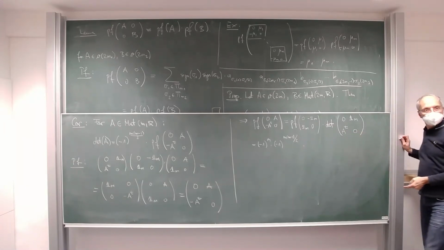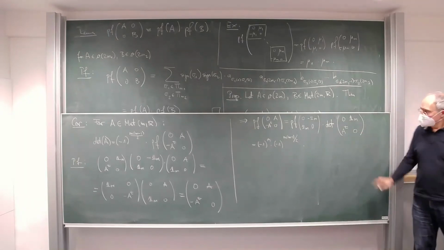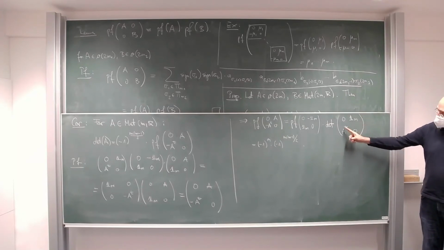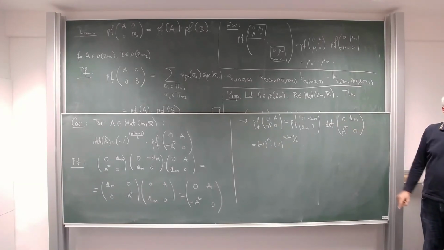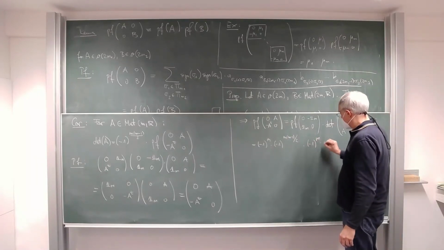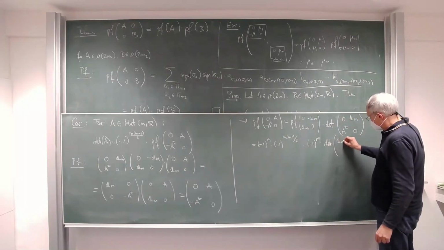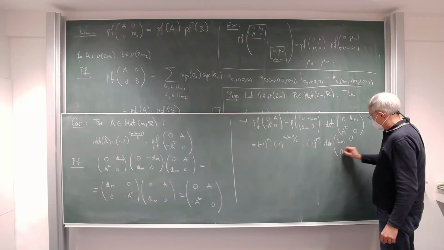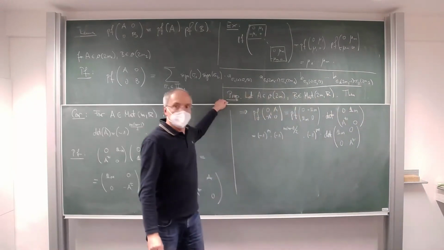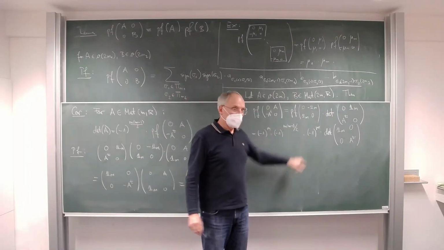So this requires interchanging m columns. The last one of this one is interchanged with the last one of that one, and similarly for the other ones. So this gives me a sign of minus 1 to the n times the determinant of the matrix where the identity matrix is here, 0, 0, A transpose. And now you see why I did not combine these two terms, because this one cancels directly with that one.